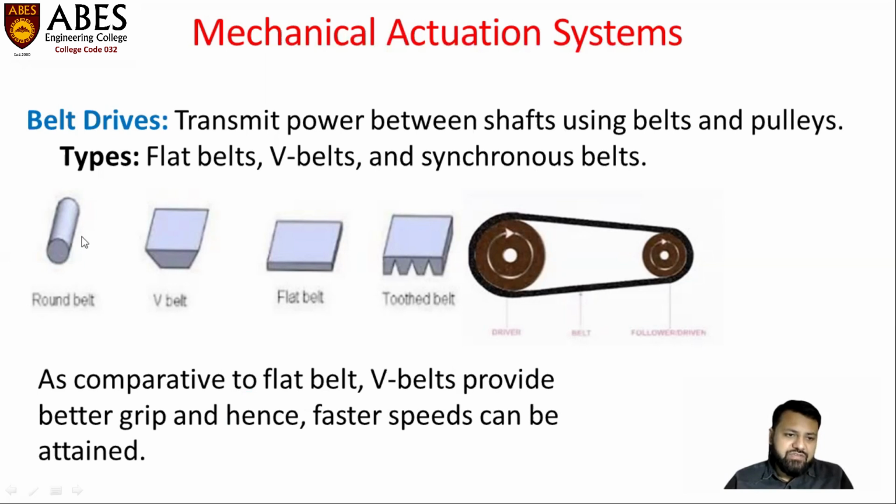You can see the cross section of the belts in this figure: round belt, V belt, flat belt, toothed belt. Compared to a flat belt, a V belt provides better grip and hence faster speed can be attained. Various shapes and sizes of belts have their own advantages and disadvantages.